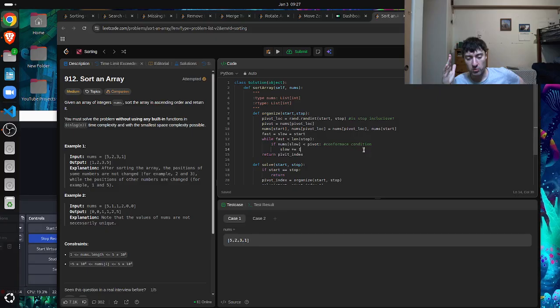No, because I need some way of guaranteeing that fast is going to be stopping at an actual location which is bigger, right? Or smaller.